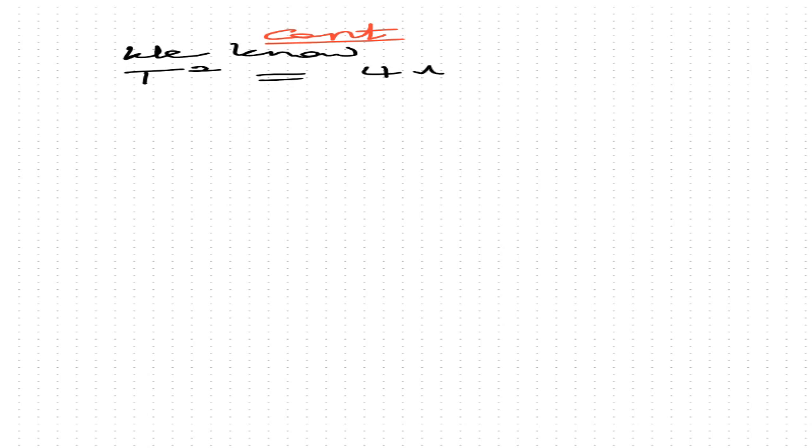Okay, so we continue. We are still continuing with what we are doing. We know that T squared is equal to 4 pi squared r cubed over GM, right?